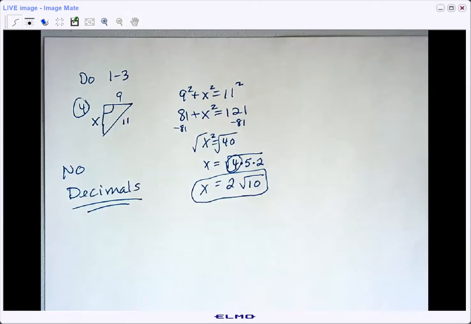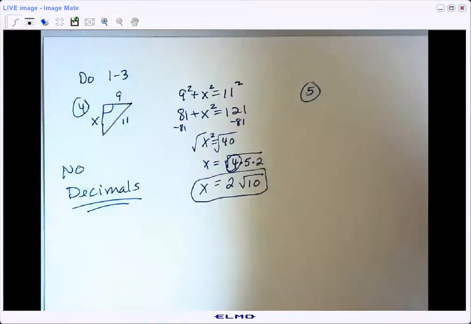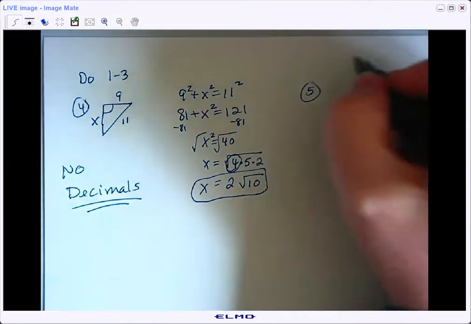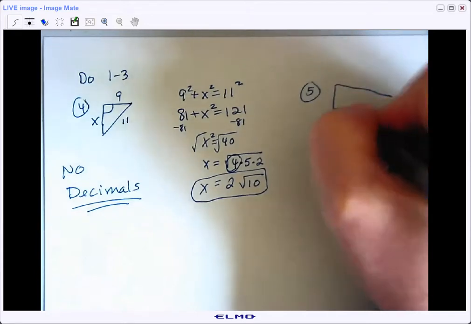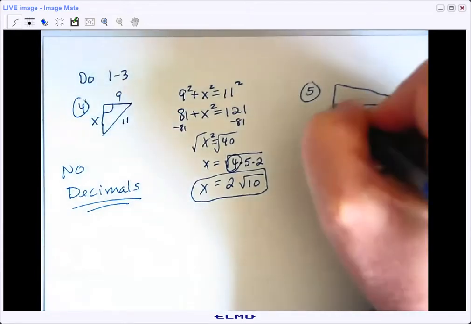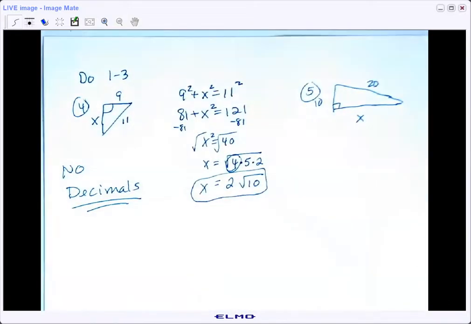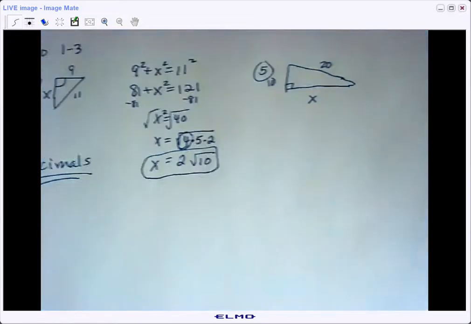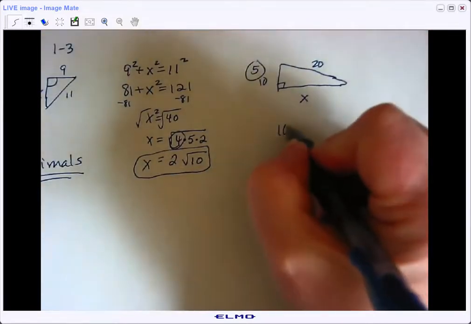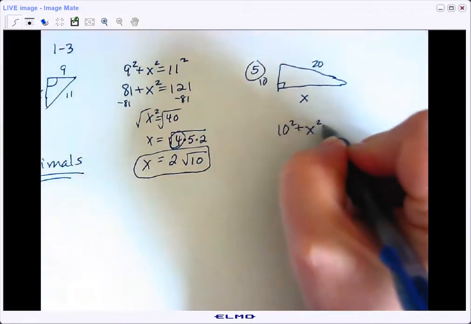I'm going to have you do number 5 and put the answer in the chat box. 10, 20, and x. Okay, go ahead and work it out and put your answer in the chat box.